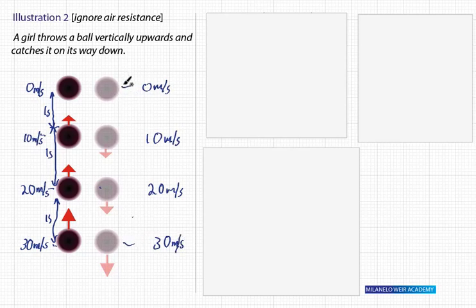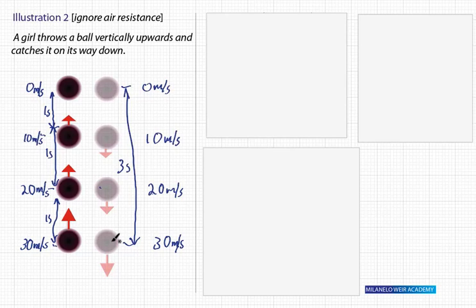Total time of going up is the same, it's 3 seconds. 1, 2, 3. Provided the initial position is also the final position for the object being thrown upwards, right? So this is what happens.